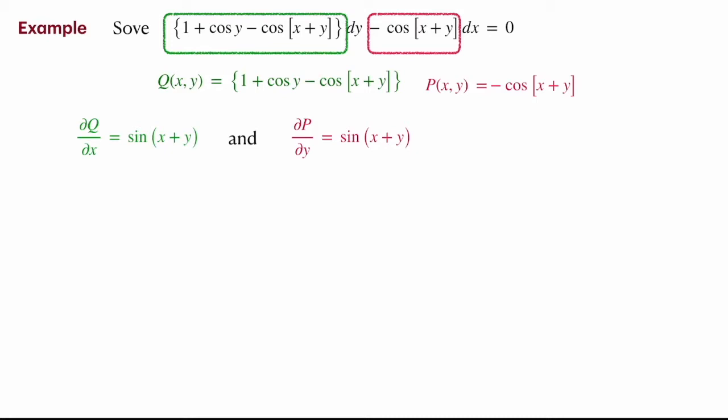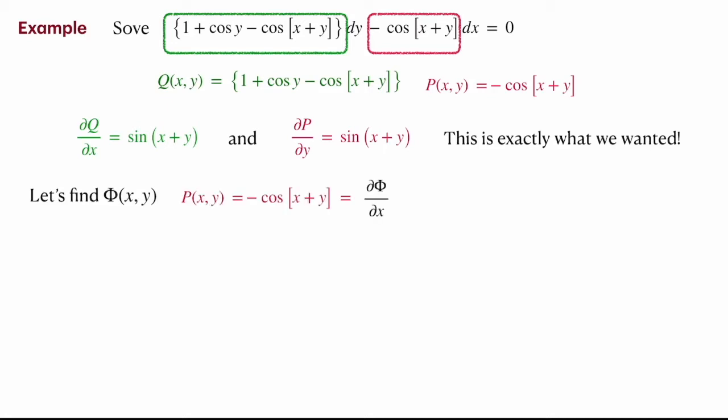In the same way, we find that dp by dy is equal to sin(x plus y). It is trivial from differentiating this with respect to y. So we see that dq by dx is equal to dp by dy. So it satisfies the condition required for exactness, and we can simply find phi.